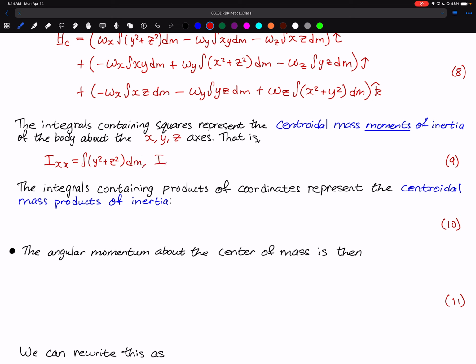I sub yy is equal to the integral of x squared plus z squared dm, and then I sub zz is going to be equal to the integral of x squared plus y squared dm.